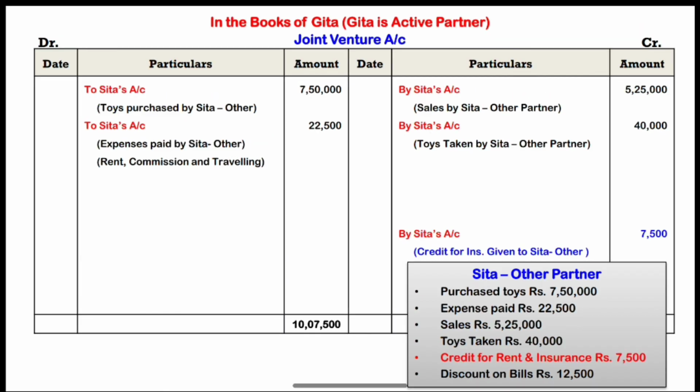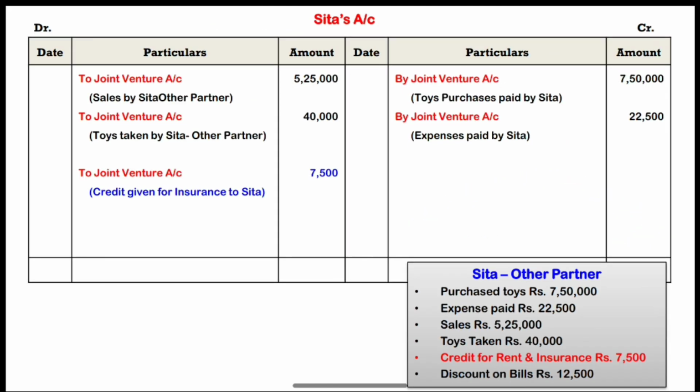Next, credit is given, that is on the credit side. We have already done that earlier. Second effect, on the debit side of Sita's account, to joint venture account, credit given for insurance to Sita 7,500.